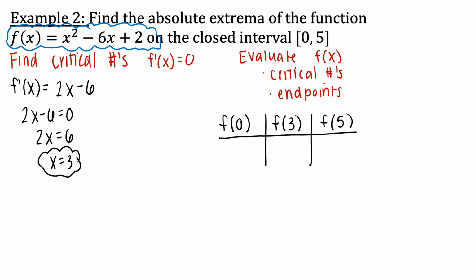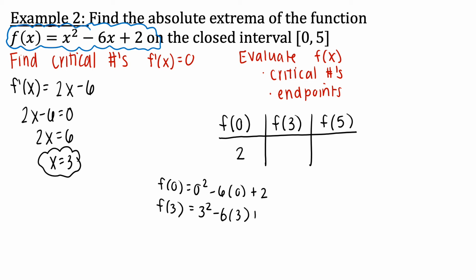So when we look at f of 0, we have 0 squared minus 6 times 0 plus 2 just gives us 2. F of 3 gives us 3 squared minus 6 times 3 plus 2 gives us 9 minus 18 plus 2 is negative 9 plus 2 is negative 7.